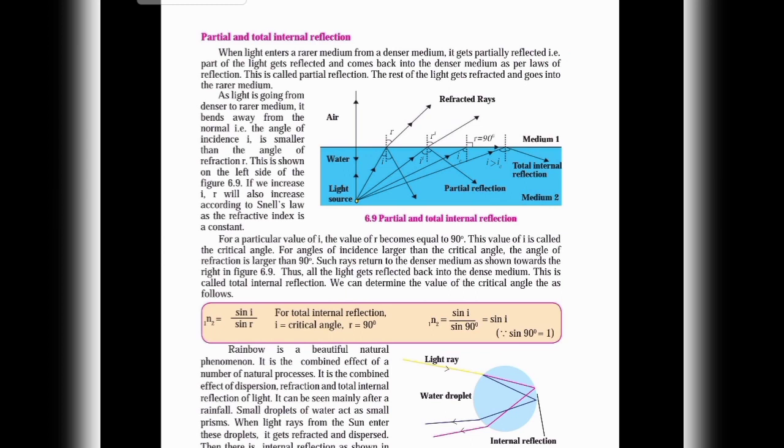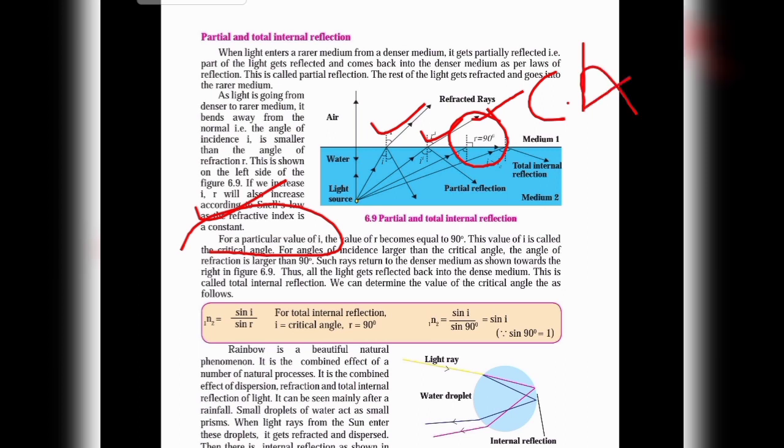If we increase i, r will also increase according to Snell's law, as the refractive index is a constant for a particular pair of media. When we increase the value of i more and more, at a particular value of i the value of r becomes 90 degrees. This value is called the critical angle.